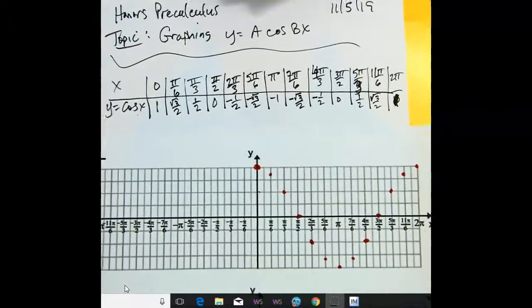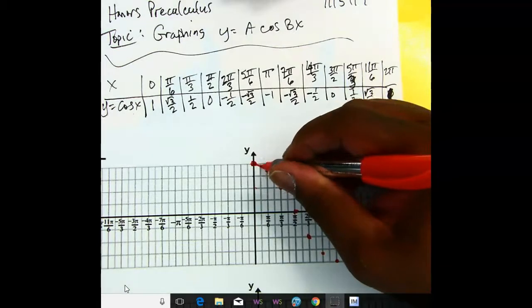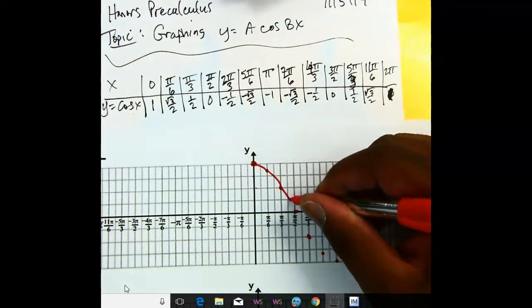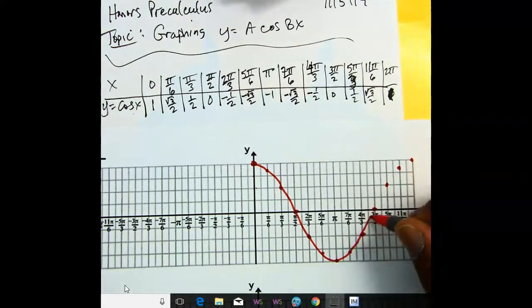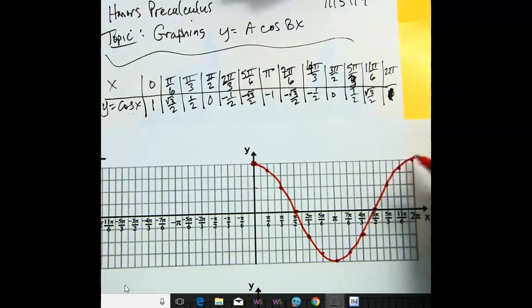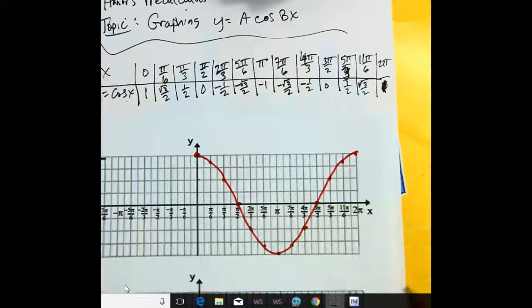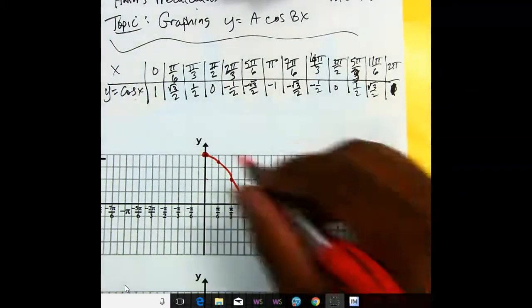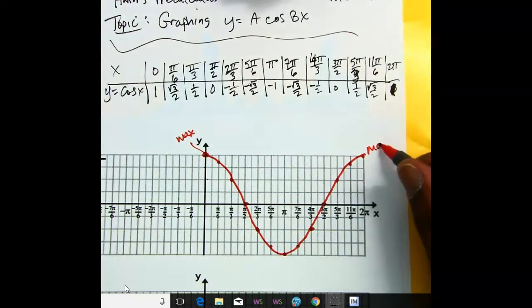So the graph itself, with our smooth curve, looks like this. Here, we have a maximum value here and a maximum value at the end.